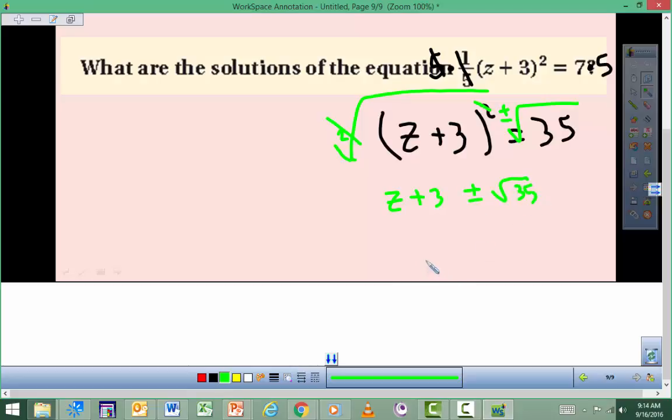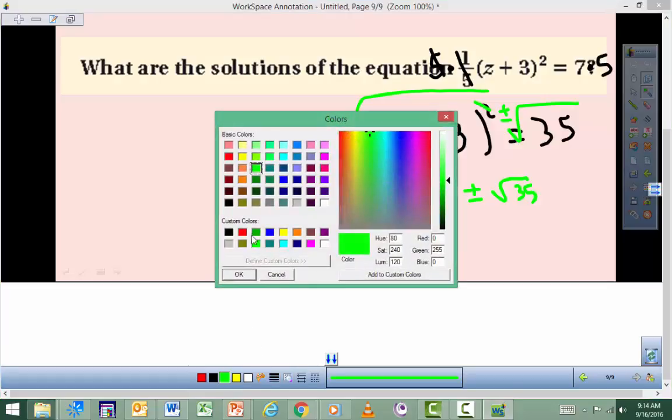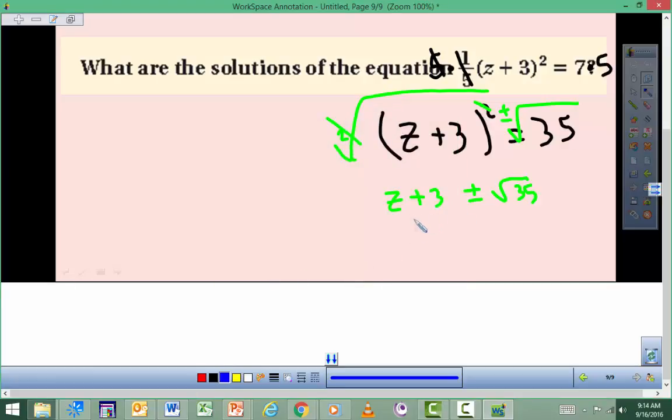Okay? Well, there's only one thing left to do. We need to solve for z, so we can move the 3 over by subtracting, right? I'm going to change the colors. I'm tired of that. Go to nice blue. Okay, so I'm going to subtract 3 here. Subtract 3, and there's an equal sign right there.